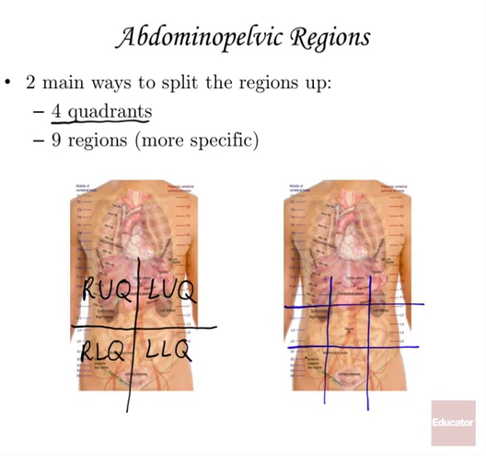So let's start with the superior parts. Right here, remember, it's the right side, even though to us looking at it, it's the left. This is the right hypochondriac region. What? Hypochondriac? Doesn't that mean somebody who thinks they're getting sick all the time?